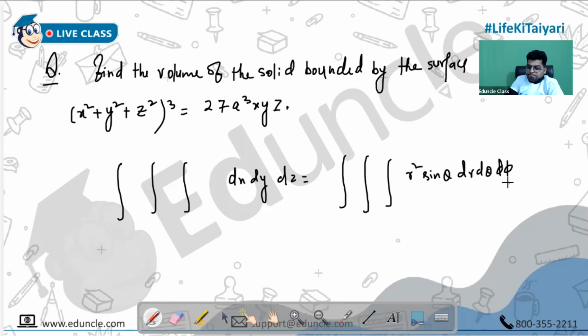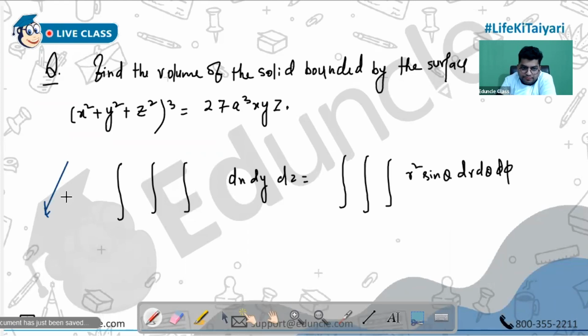Am I clear? Whatever problem you have, you have to find out the volume, but you have to take whether this is in all four quadrants, positive octant, or first octant.